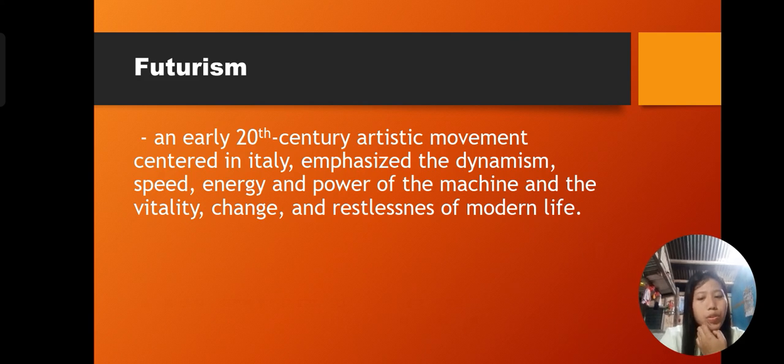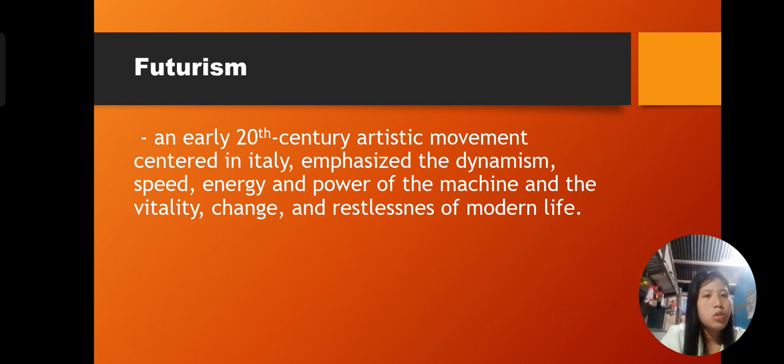Next is Futurism. It is a movement in art, music, and literature that began in Italy about 1909 and was marked especially by an effort to give formal expression to the dynamic energy and movement of mechanical processes.